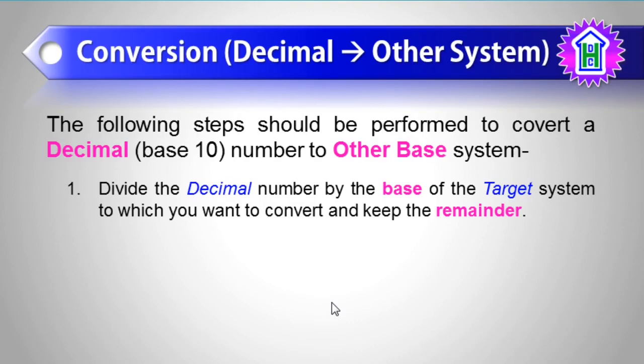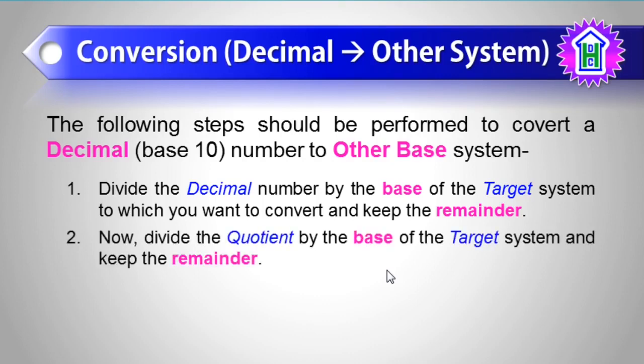If I want to convert a decimal number to a binary number, the target system is binary. And what is the base of binary, or radix of binary? It is 2. So we should divide the decimal number by 2. And we should keep the remainder intact.